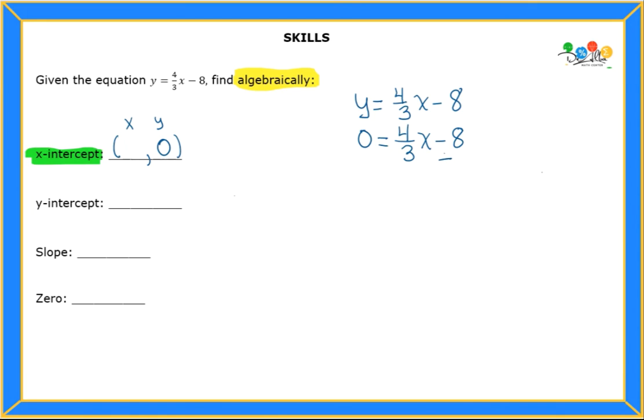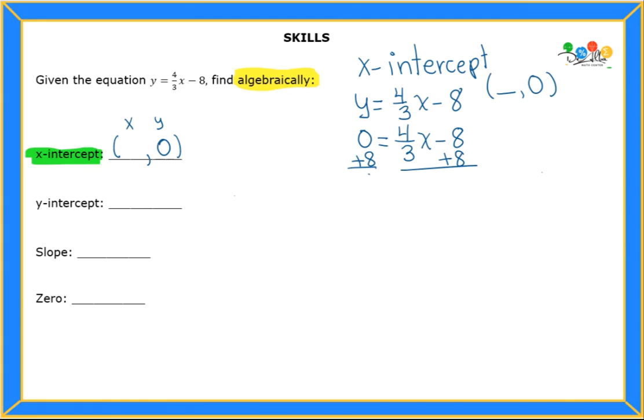So next I'm going to add 8 on both sides. You know what? Let me put a label over here. This is for me to find the x-intercept. For the x-intercept, I know that y will be 0 and x will be whatever I find when I finish my problem.